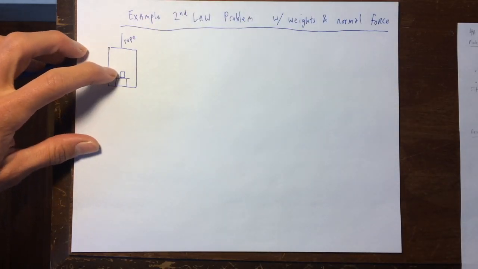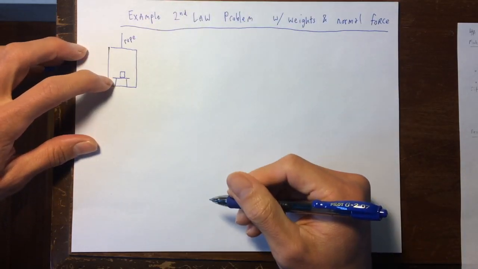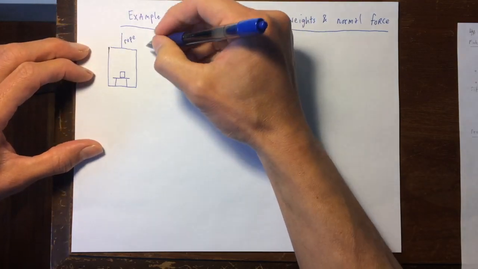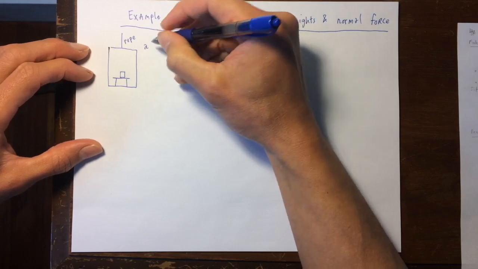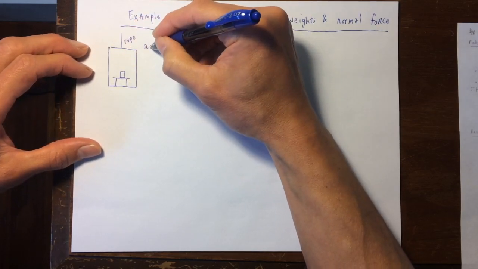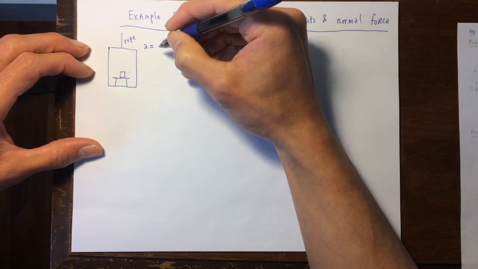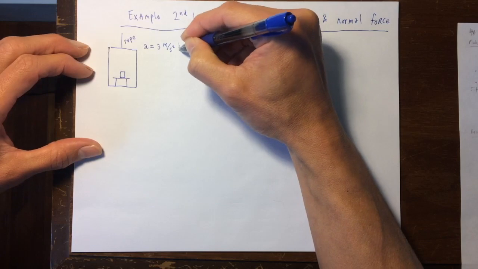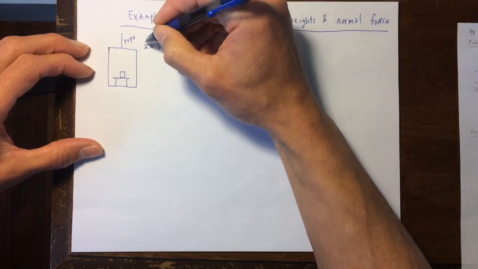So I got a little box. I have a table inside of the elevator and a rope pulling up on the elevator, and the acceleration of all of this stuff is, I'm going to give it a value of 3 meters per second squared, and we'll say it's upwards.